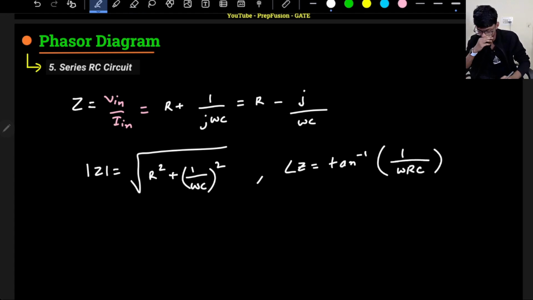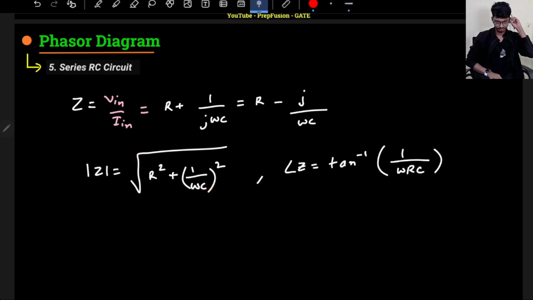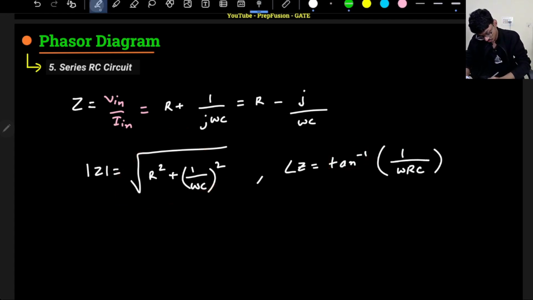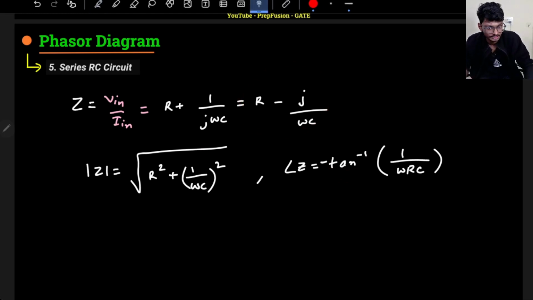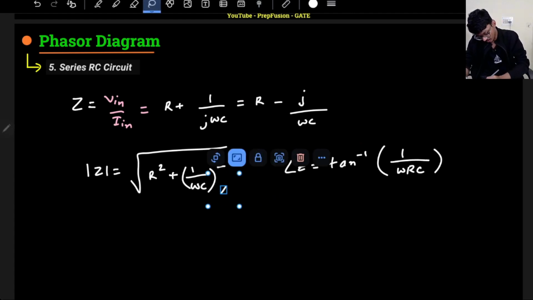This will be your phase angle and this will be your magnitude of the impedance, correct? No, this is not correct. There will be a negative sign as well. Why? Because this is lying in the fourth quadrant. I hope you remember that thing. So the impedance angle is this. This is my phi z, and this is the same as the power factor angle only.